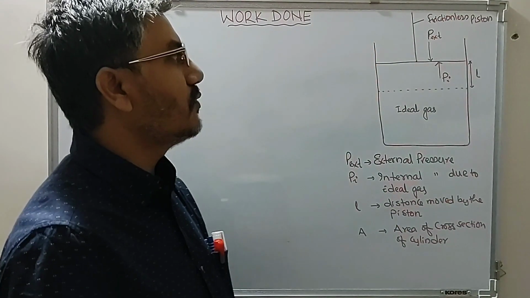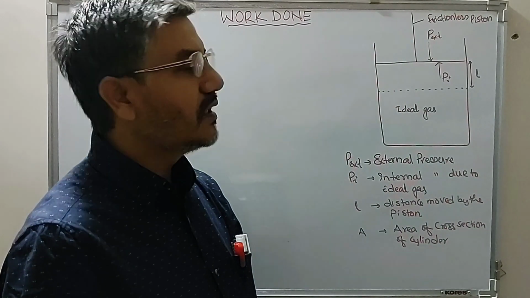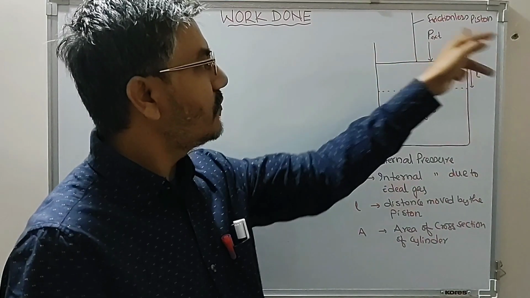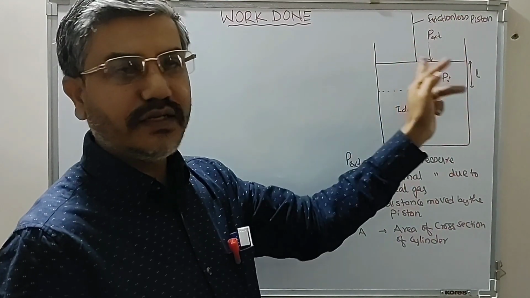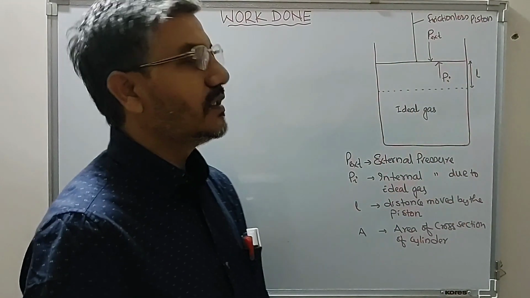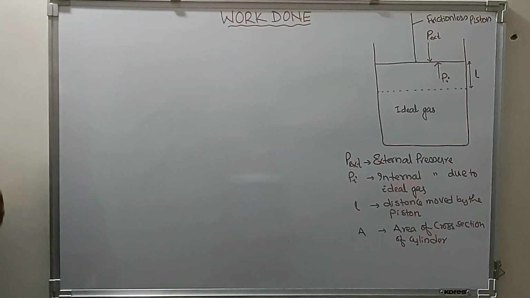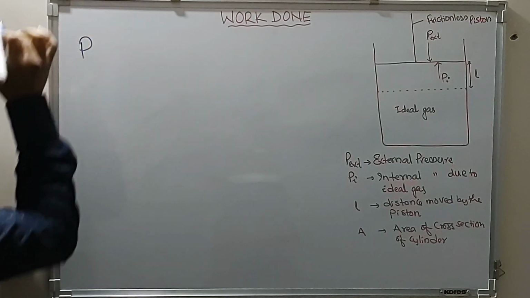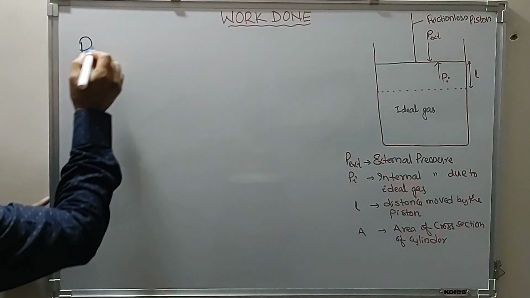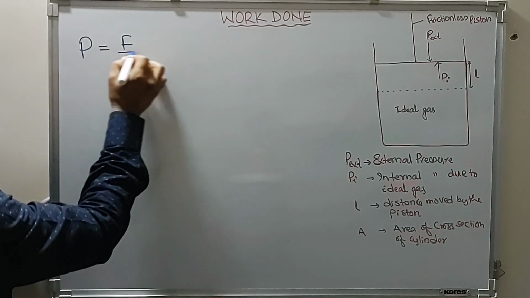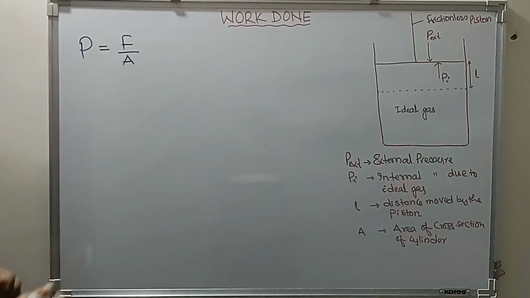Now during the course of movement of this piston, let the distance moved by the piston be L and the area of cross section of this cylinder be A. Then we define the pressure P as force per unit area.